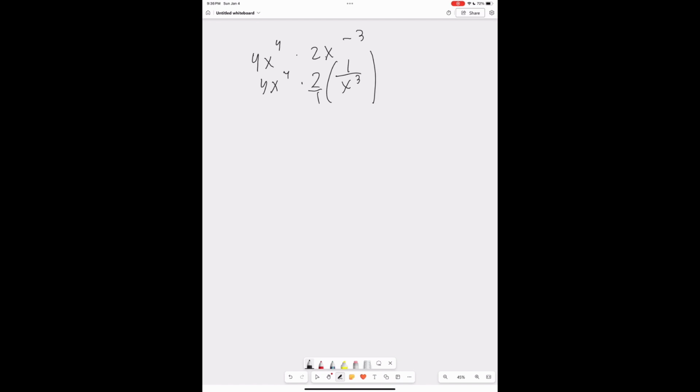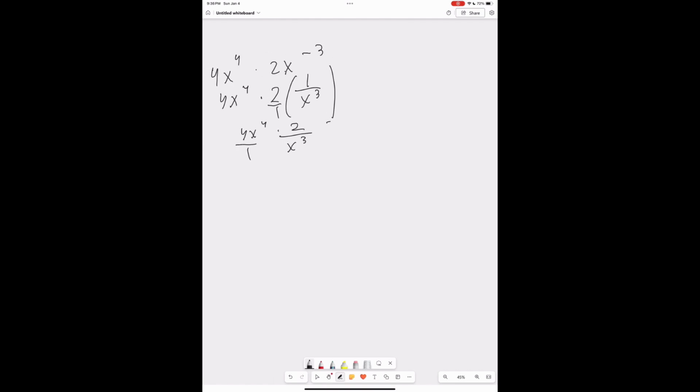Okay, so now I'm going to get 4x to the 4 times 2 divided by x cubed, and I'm going to multiply across. I'm going to get 8x to the 4 divided by x cubed. And I'm going to divide, and I'm going to get 8x. That's your answer.